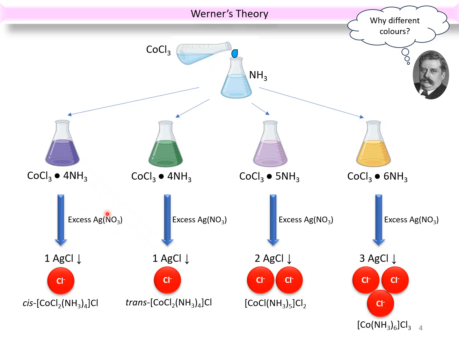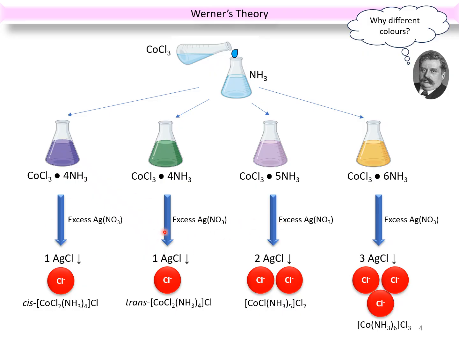When silver nitrate is added to a solution of a compound and a white solid of silver chloride precipitates, it indicates the presence of chloride ion in the solution. He also found that the cis and trans, the violet and green solutions, precipitated 1 equivalent of silver chloride when excess silver nitrate was added.